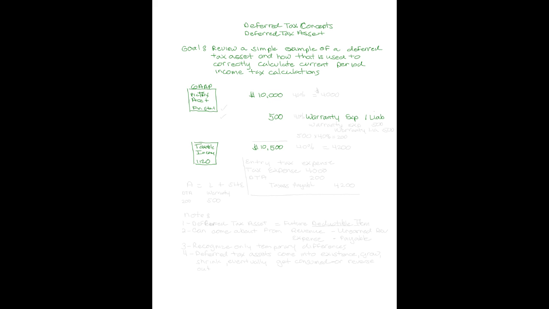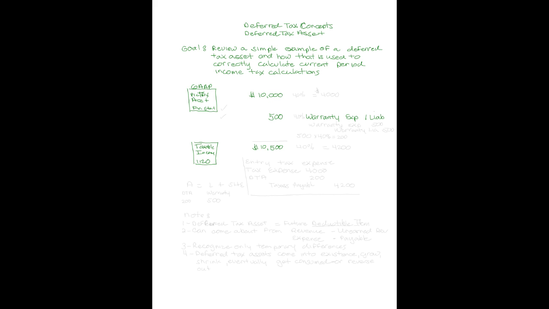We offer a warranty on our products, and so we match the cost of that warranty in the period we picked up the revenue. That means we took out $500 when we calculated our $10,000 worth of income.